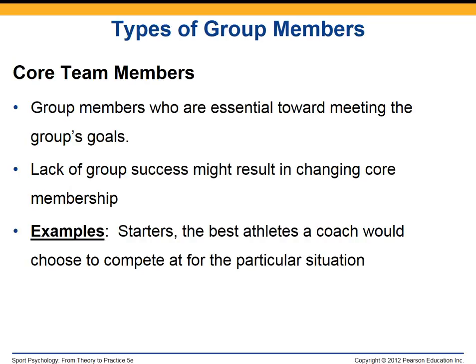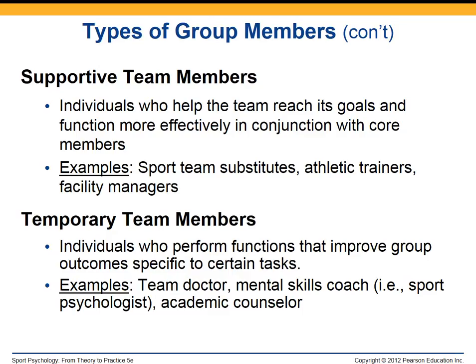So starting again, we have our core team members. These are the members who are essential toward meeting the group's goal. And if we changed core members, it might affect the group's success. So examples for you would be your starters, your best athletes, even the coach could be an example of a core team member. You also have supportive team members.